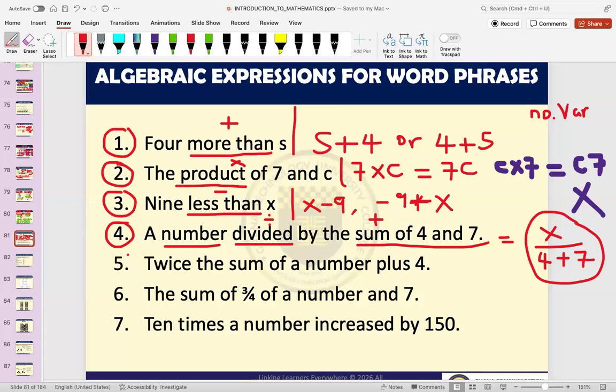Now let's look at the fifth. It says twice the sum of a number plus 4.